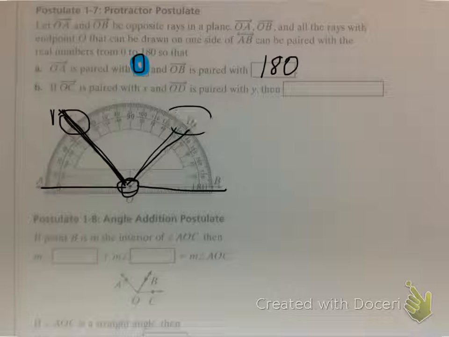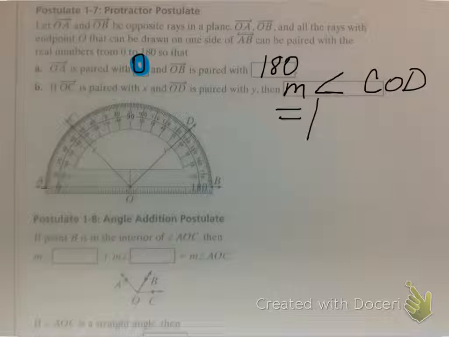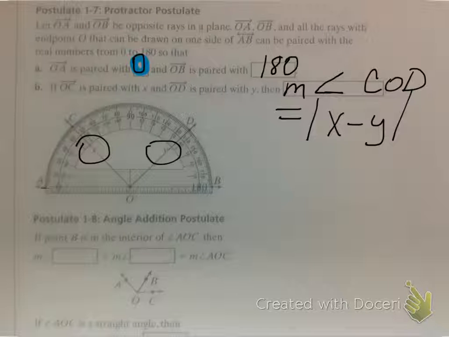I'm going to erase what I've done here, and I am going to write in this blank that this is the measure. The M means measure of the angle. So measure angle COD would be found by taking the absolute value of x minus y, x and y being the angle values represented.